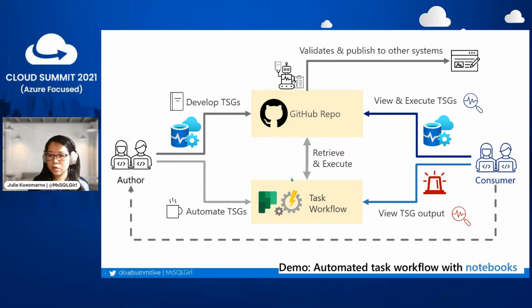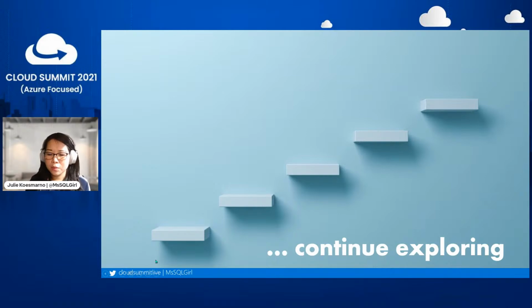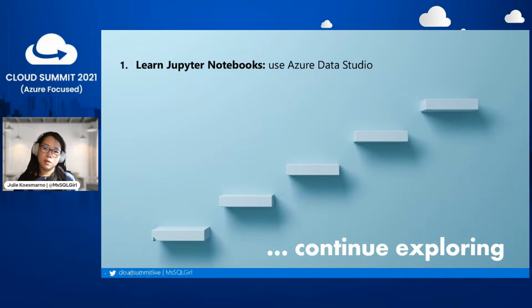Today I showed you a GitHub repo, and the task workflow is just using Planner and Azure Logic Apps. All right, so just wanted to wrap up with useful resources and some of the things that you can do today. First is to learn Jupyter Notebooks. If you're really new with Jupyter Notebooks and Python, I would highly recommend using Azure Data Studio.